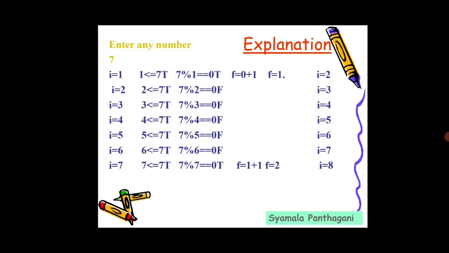That is true. Now 7 mod 7 is equal to 0. That is true. That's why it increases the value of f, the current value of f is 1, plus 1.